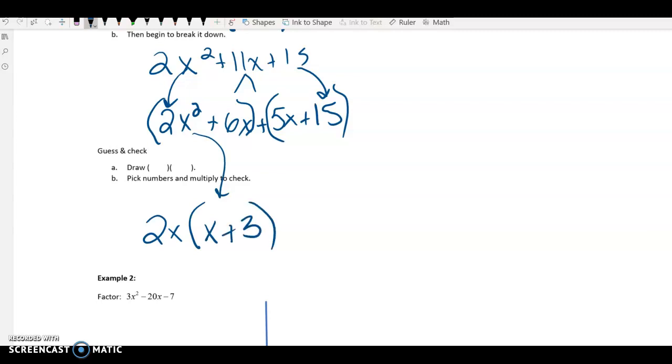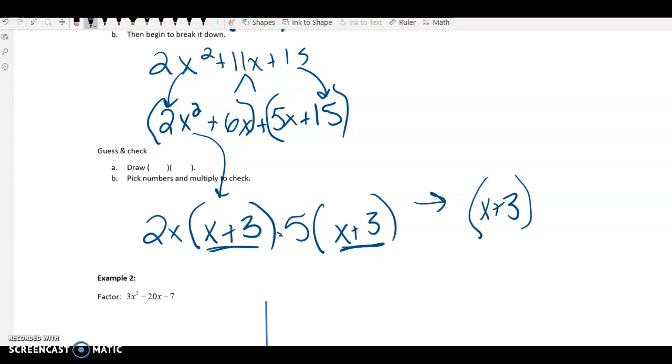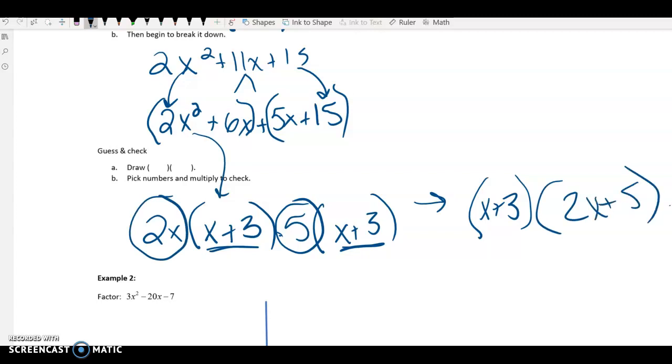Can anything come out of this second group? Yes, 5. So I'm going to bring 5 out. What's left is x plus 3. You should now see that these parentheses are the exact same, which means my answer will be x plus 3. And then I need to see what's left outside, which goes in parentheses: 2x plus 5. So I get x plus 3 and 2x plus 5.